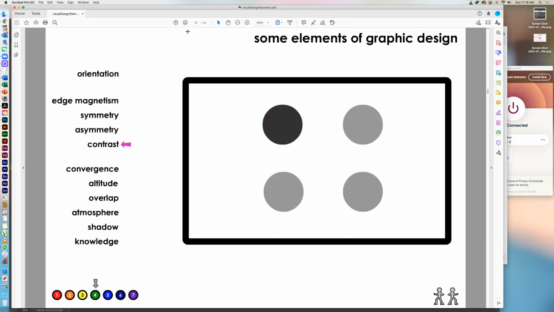We can also have value contrast or brightness contrast. So these are more to the white side. So I think that that's tinted. So this is a black that has been heavily tinted with white, and this is less so. So it's a gray, it's not black. But the three being of the same and the one being different, it attracts interest to itself.